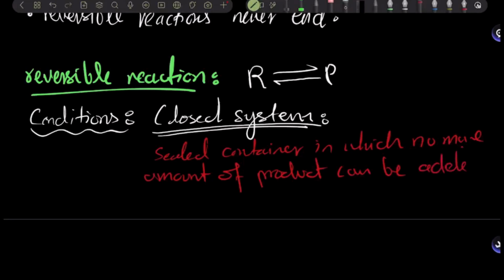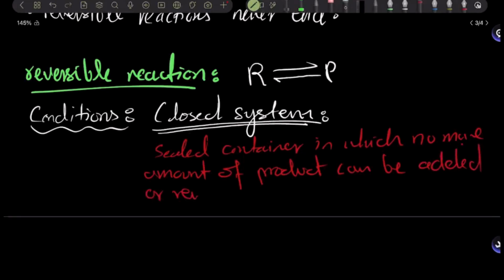So it's a sealed container in which initially you put some part of the reactants. They react together. None of the products are lost. None of the reactants are lost. They're just interconverting into each other. So that's a closed system, and you do not add any further reactant from outside. You cannot remove anything either, because the system is closed. You cannot add anything, you cannot remove anything.